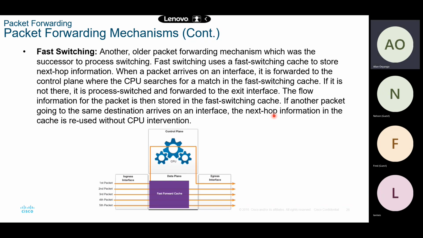So the fast switching cache is where the router will store the details of that packet, so that whenever a packet is sent to the same destination again, the router will just use the details stored within the fast switching cache, and it wouldn't need to bother the CPU at any point. And so that is important.